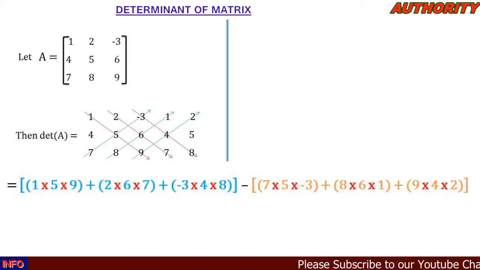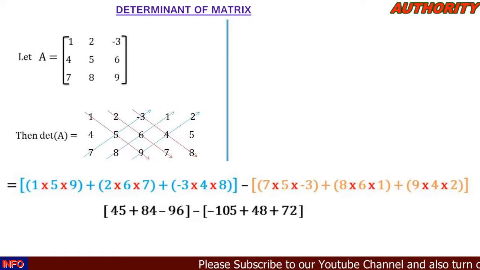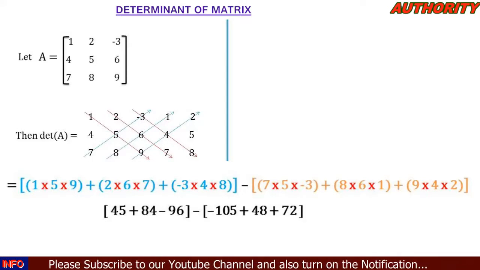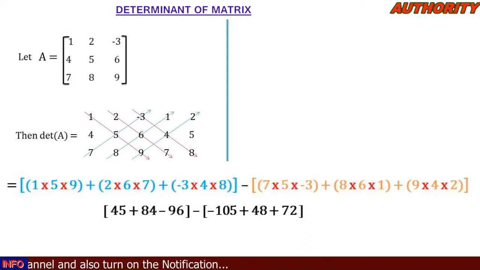Now let's simplify this. 1 times 5 times 9 gives us 45. Then 2 times 6 times 7 gives us 84. Minus 3 times 4 times 8 gives us minus 96. All these are in brackets. Then minus: 7 times 5 times minus 3 gives us minus 105. Then 6 times 8 times 1 gives us 48.